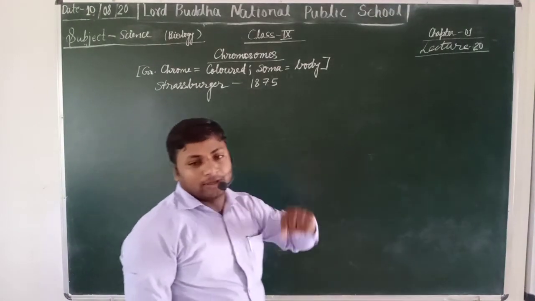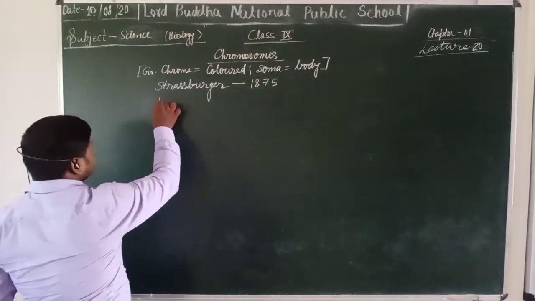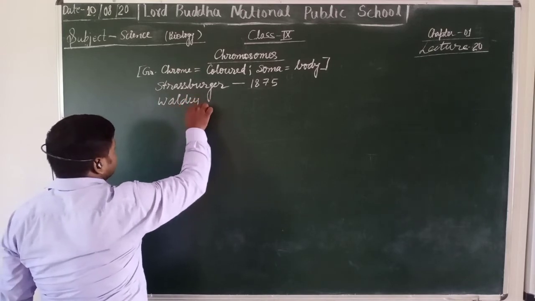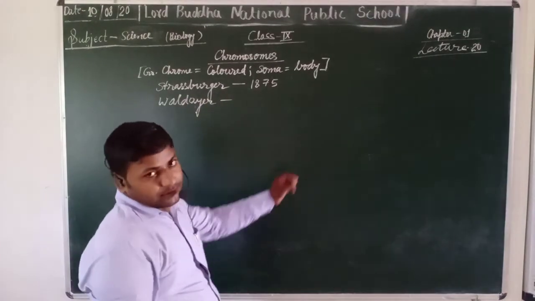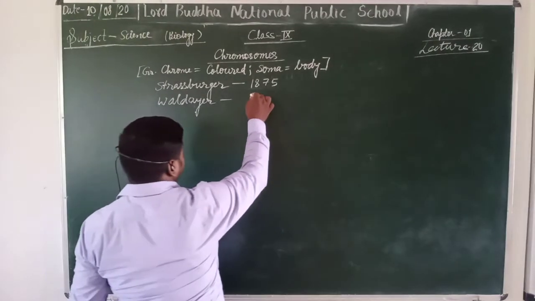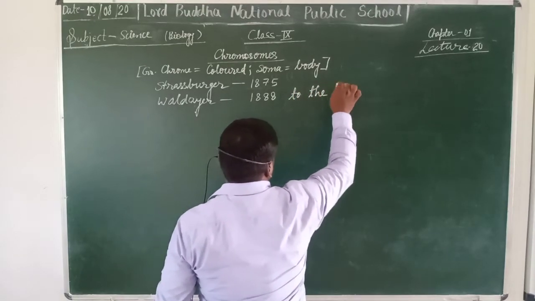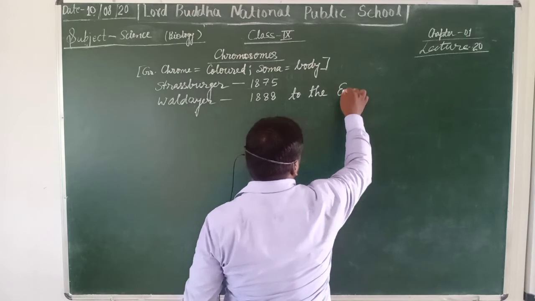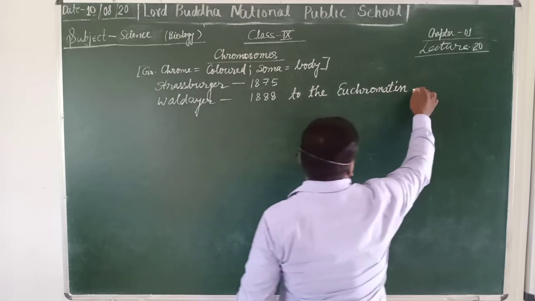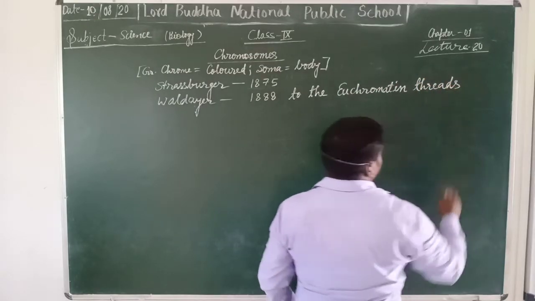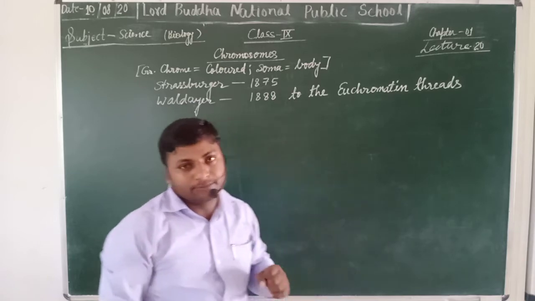in the nucleoplasm, and after him Waldeyer was the biologist who gave the term chromosome in 1888 to the euchromatic threads that are present in the nucleoplasm.